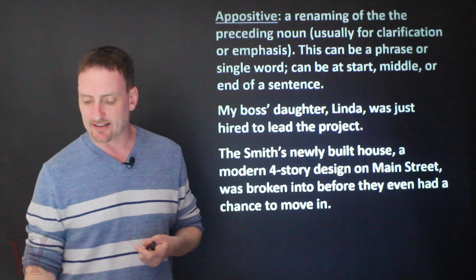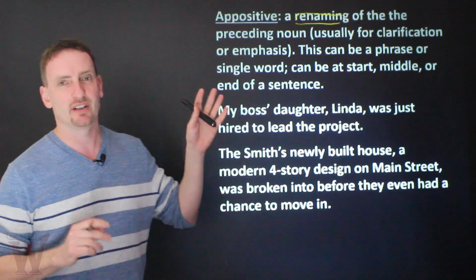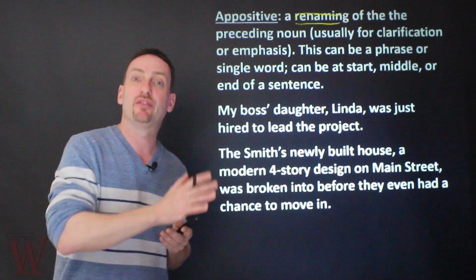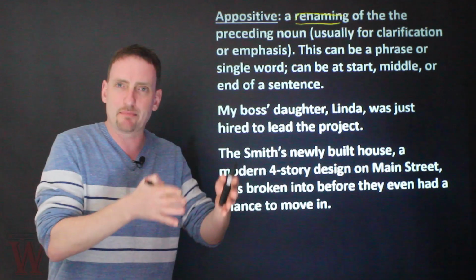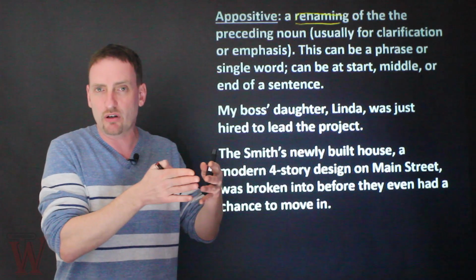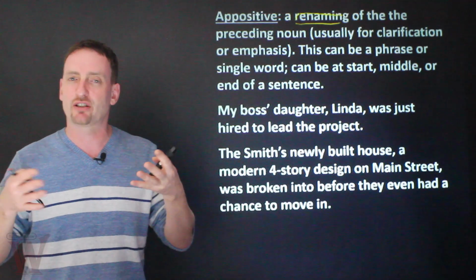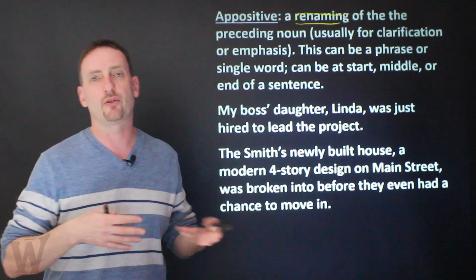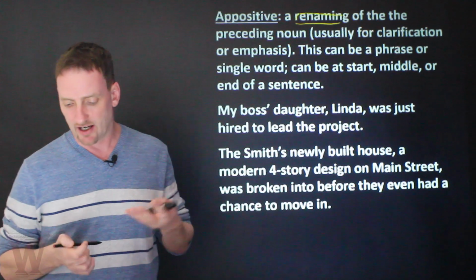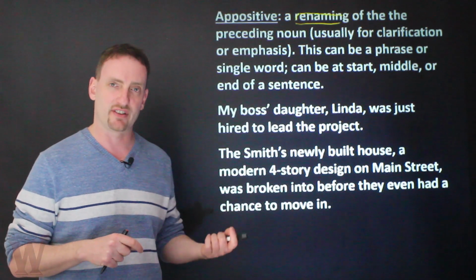What it does is it renames the word that came before it, or the idea that came before it. So it just puts the same thing that was mentioned before, comma, and then puts it in a different expression or a different way of saying it, so it might be a bit easier to understand or to identify. So we usually use it for clarification or emphasis.